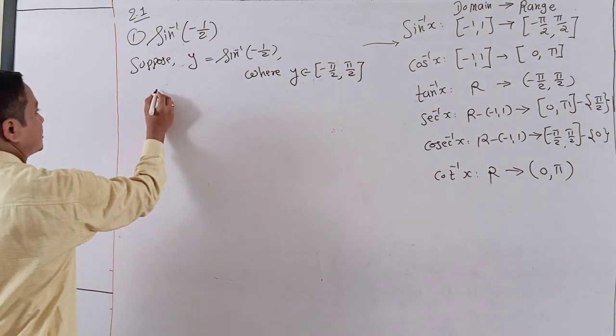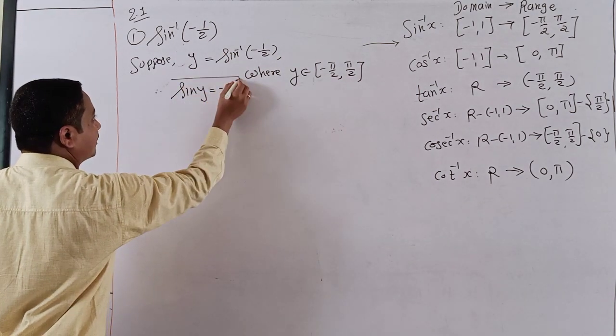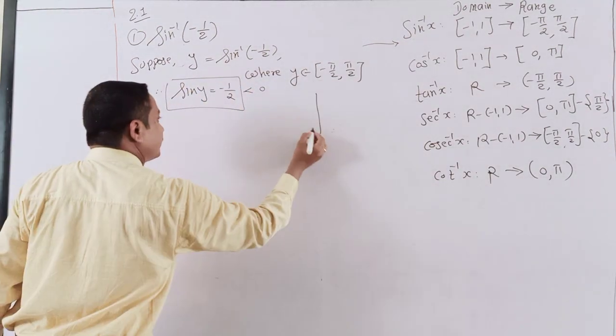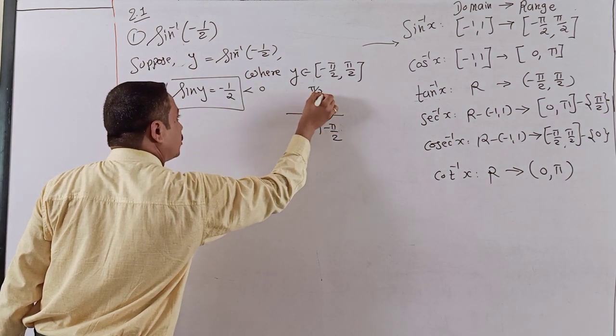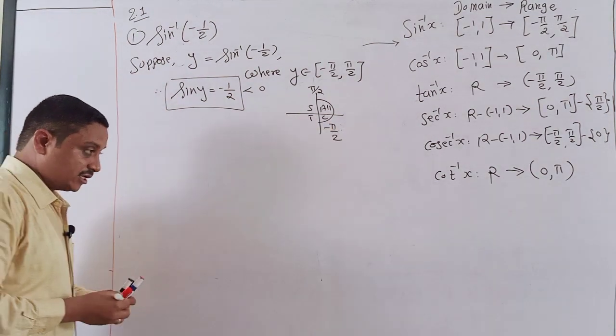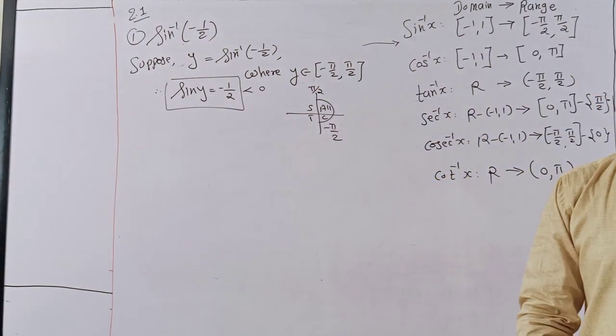So I just here create sine y is minus half. And look at that, this value is less than 0. So you tell me, in this range, minus pi by 2 to pi by 2, all ASTC wise, in which quadrant is the sine function negative? Yes, it is the fourth quadrant.